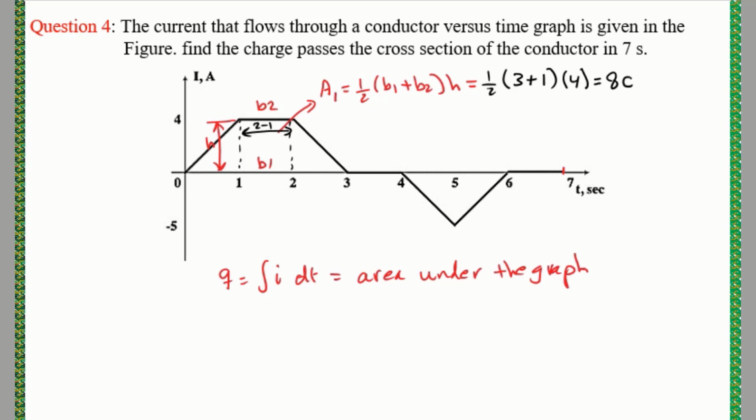For the second area, we have a triangle A2. It is 1/2 base times the height. The base is from here to here. This is B, which is 6 minus 4, it is 2. And the height is this distance, which is minus 5.